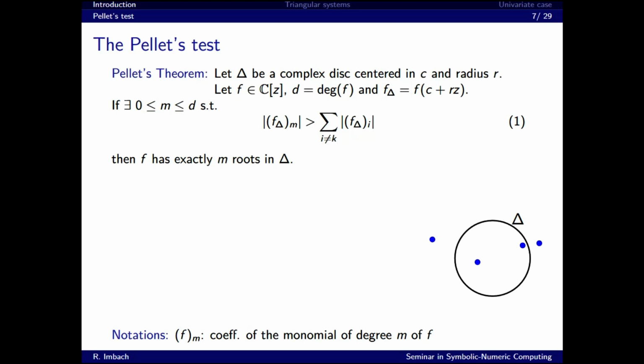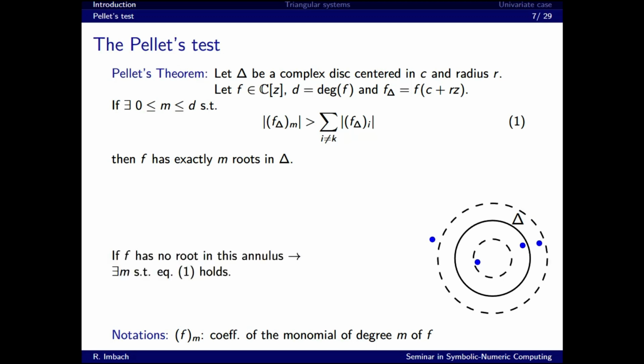Pellet's theorem states that if there is an integer m so that the m-th coefficient in absolute value is greater than the sum of all other coefficients, then f has exactly m roots counted with multiplicity in the disk.